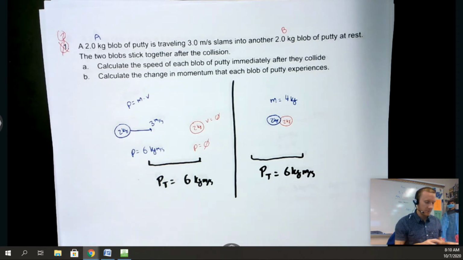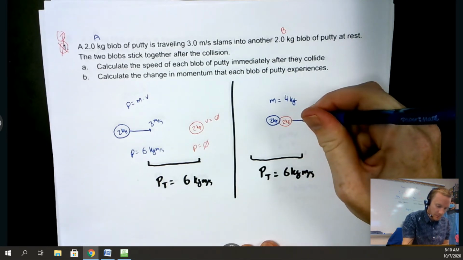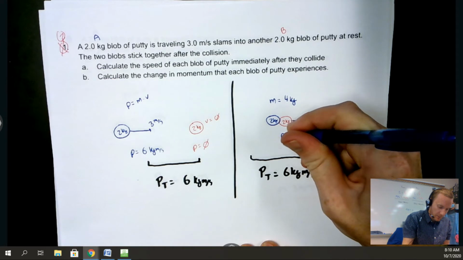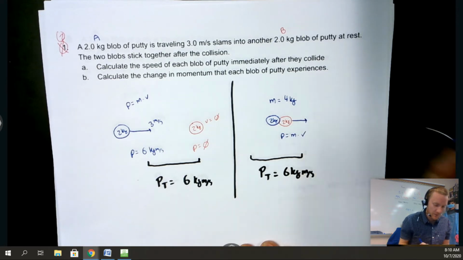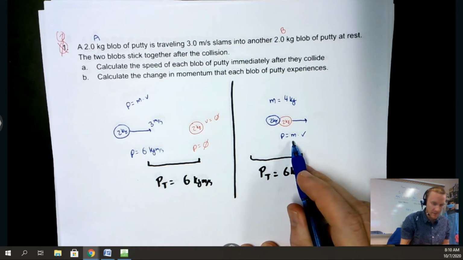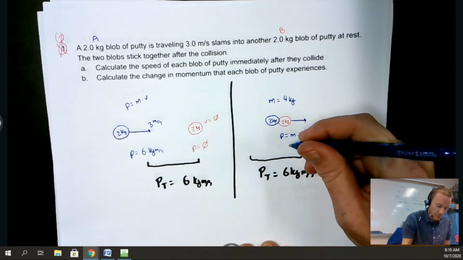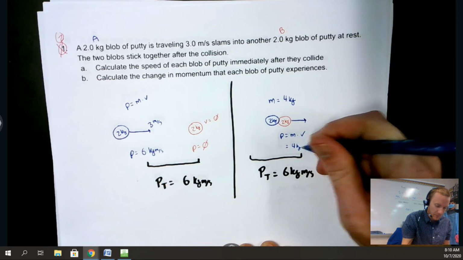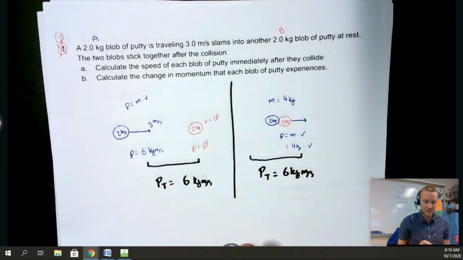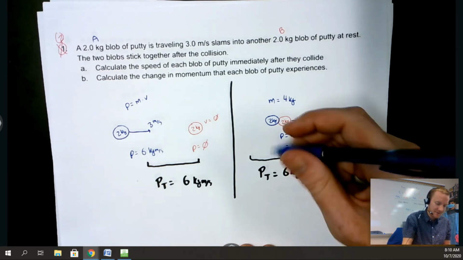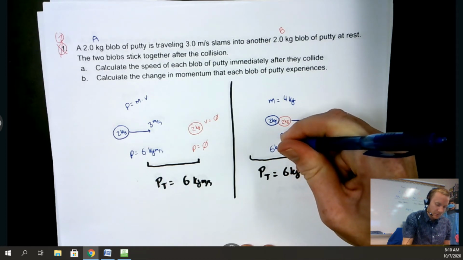So if we want to figure out how fast it's going, we just got to recall our momentum equation. Okay, same one as before. Momentum is equal to the mass times the velocity. Well, the mass of this whole system is 4 kilograms. Okay, multiply by some velocity in order to get a momentum of 6 kilogram meters per second.